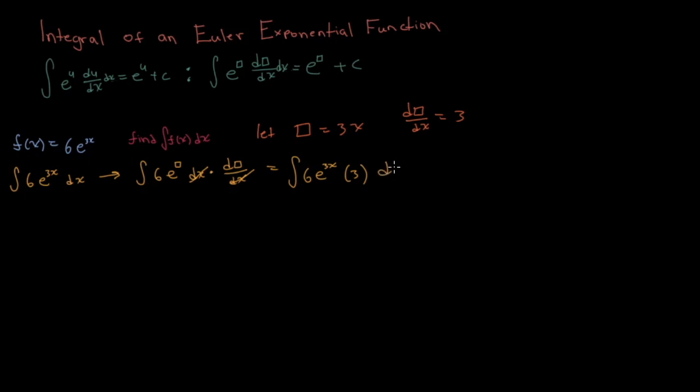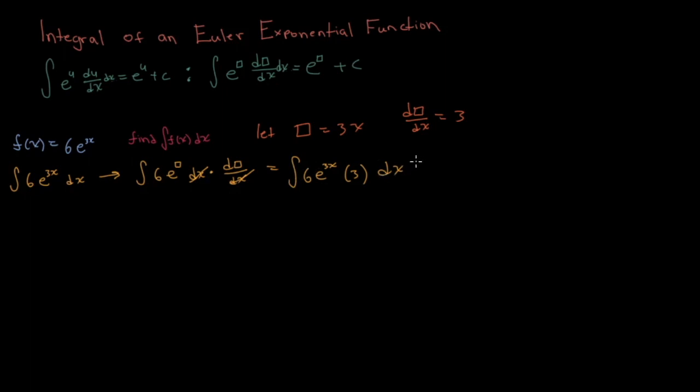Now this is in this form, with d box by dx and dx. The problem, though, is that this expression does not equal the original expression, because we have this extra 3. So what can we do to remedy that?